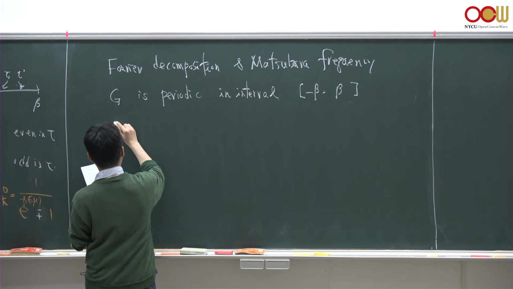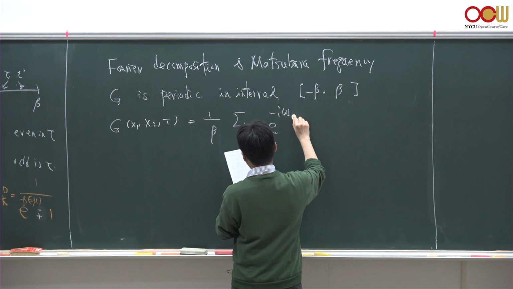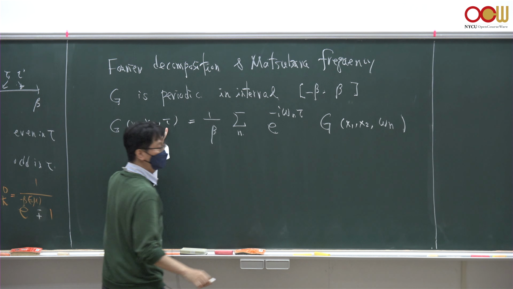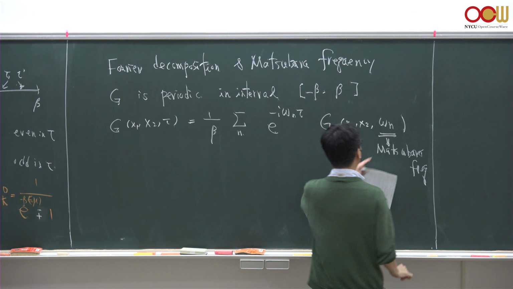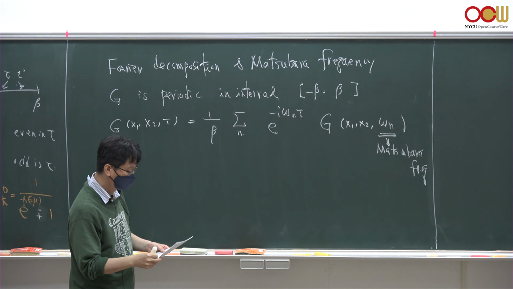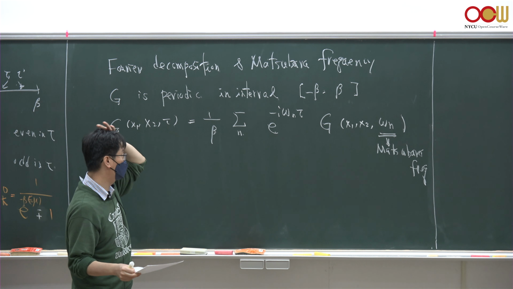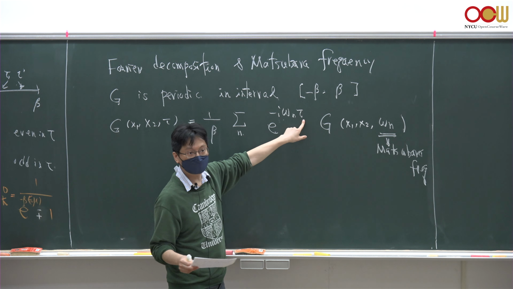As a result, we could use the Fourier theorem to expand or transform this Green's function from imaginary time to the so-called Matsubara frequency. The Matsubara frequency is something artificial because it is not a real frequency. You'll see later, because this comes as a conjugate variable to this imaginary time.